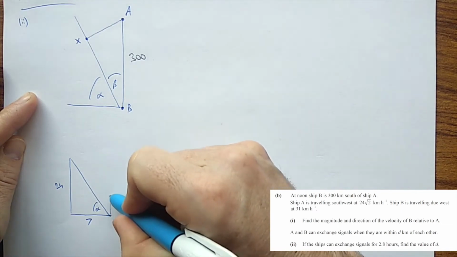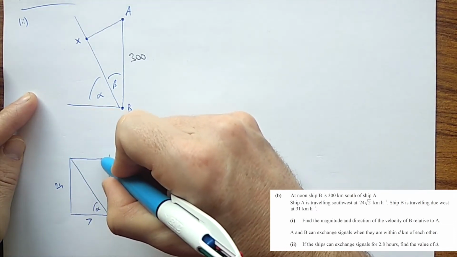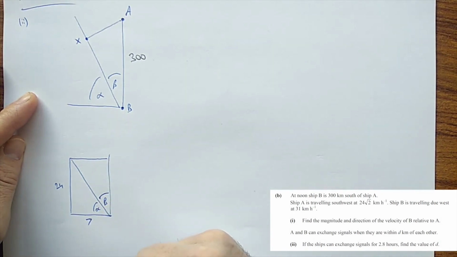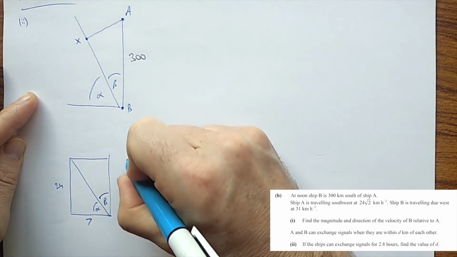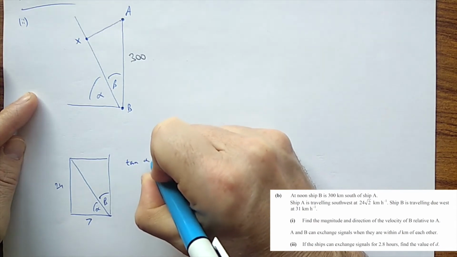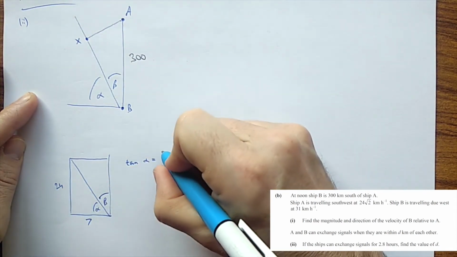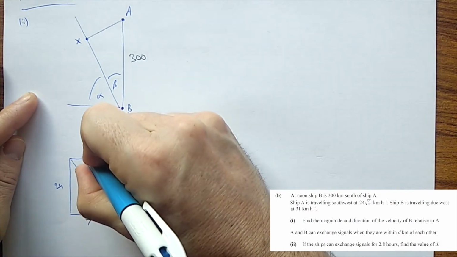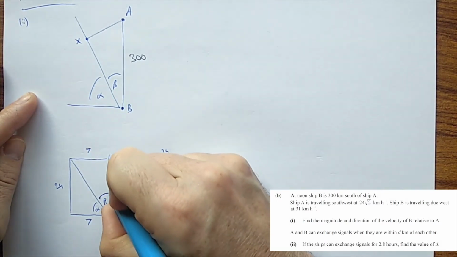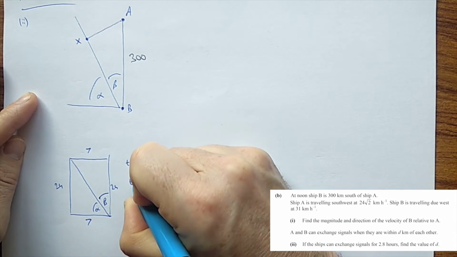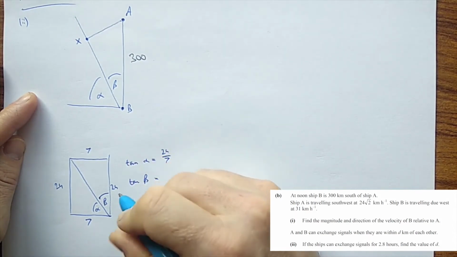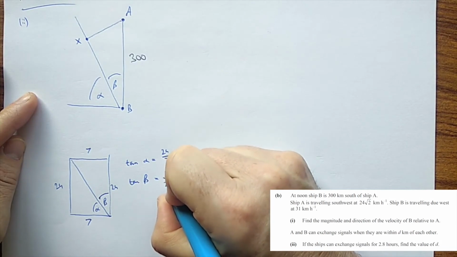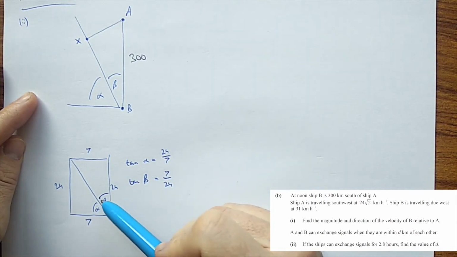However, I really want beta, which is in here. The tan of alpha was 24 over 7, but here that's 7 as well, and that's 24 as well. So the tan of beta is just 7 over 24. You can see the relationship between these two.